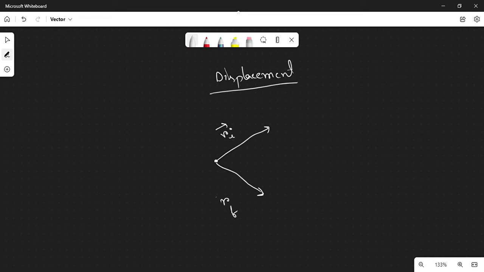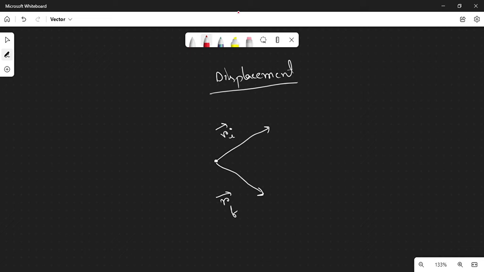Now, about the displacement vector. The displacement vector is very hard to get, but I'll make it easy. Let's say from any point a vector goes in two directions. Two vectors, this is the R initial vector and this is the R final vector.